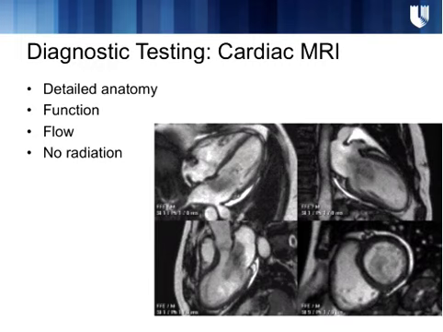It can give you very detailed anatomy, and one thing it can do that CT scans cannot do is show you function of the heart and flow of the heart. And a benefit of this is that it does not have radiation effects on patients. And these images in the bottom right show still frame images. However, technology is available to show the heart beating.